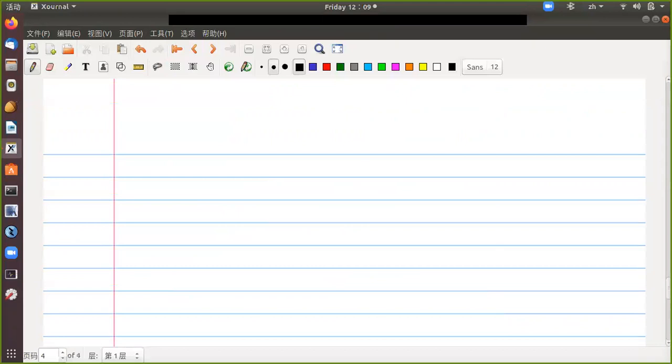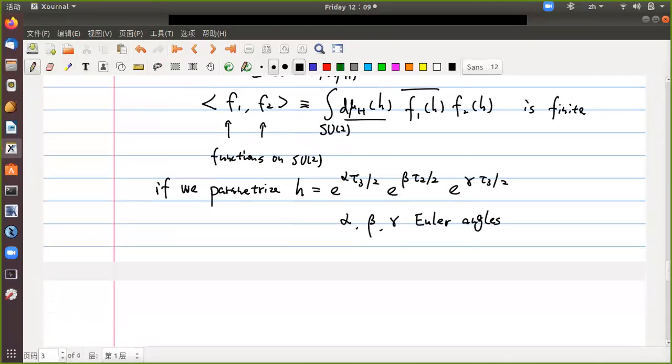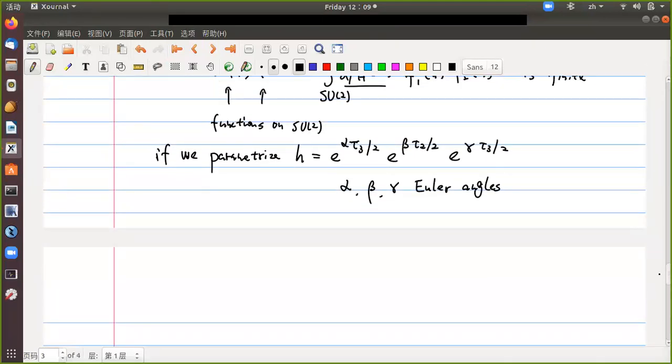Now we can write this integral explicitly using those parameters. For any function on SU2, f of h, it can be written as a function of these 3 angles, alpha, beta, gamma.